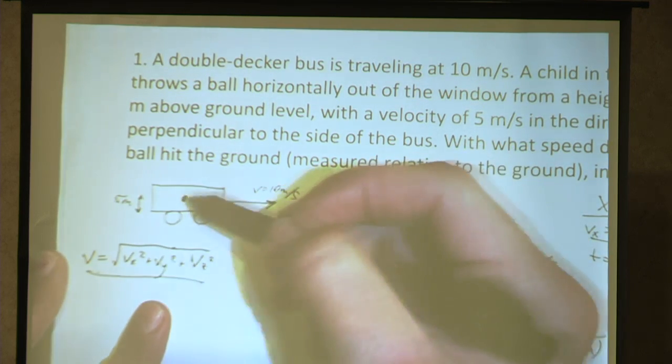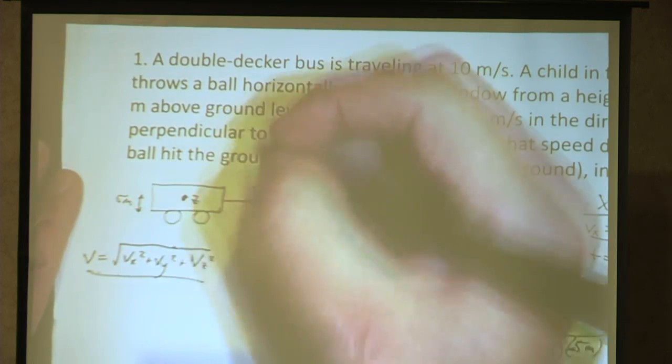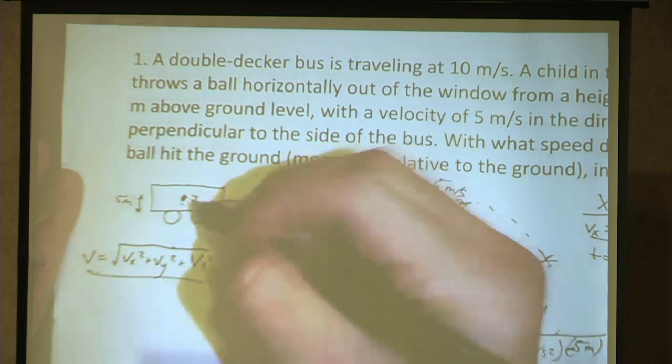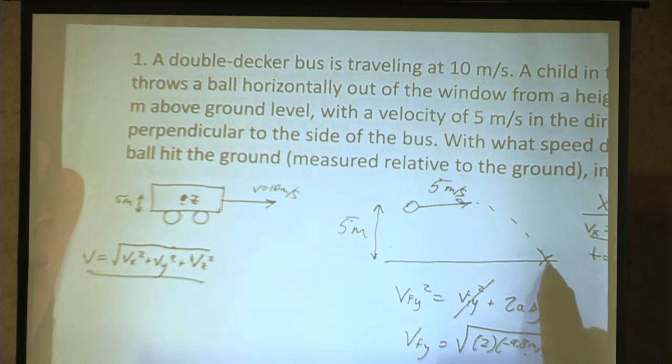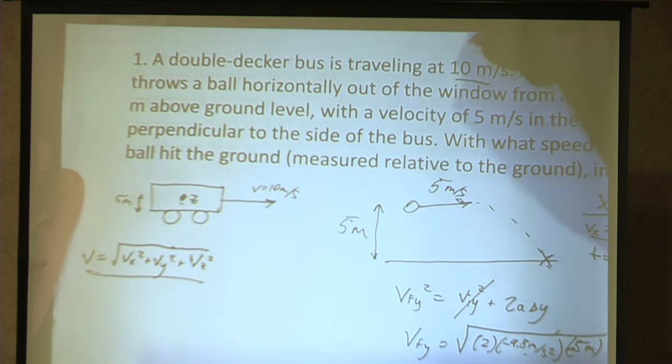The ball is thrown, I can't really describe it, but it's coming out of the page, right? The ball is being thrown out the side of the bus. So let's call that our z direction, and that's represented by that dot. And then the y is how the ball kind of sputters to the ground over here. So that's our velocity in the y. So we're going to call this 10 meters per second. That is Vz.